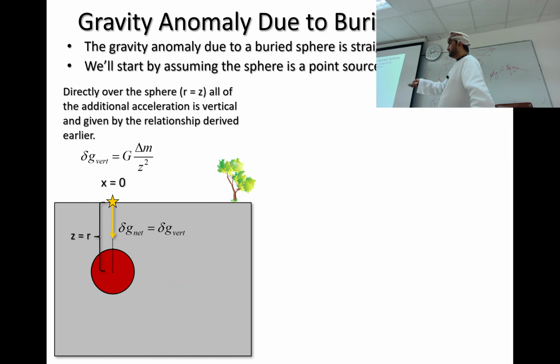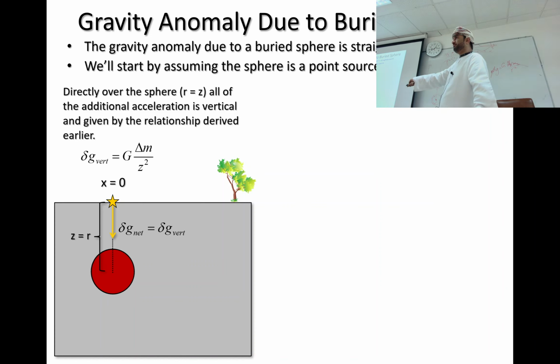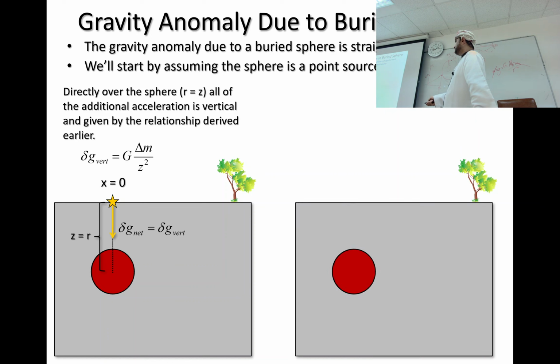In this case, because the center of the body is directly beneath the measurement point, the net delta G is equal to the vertical one. So that's my equation. We already came to this equation before. What about if I take a measurement at some point sideways?